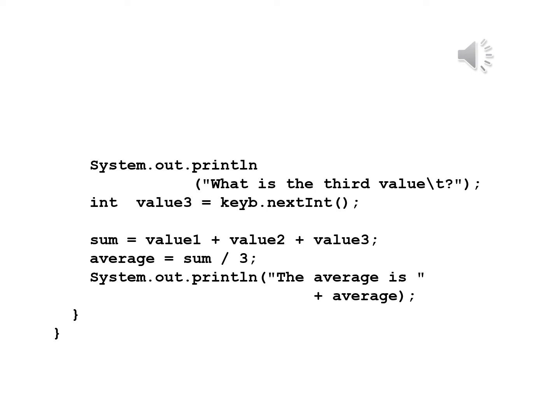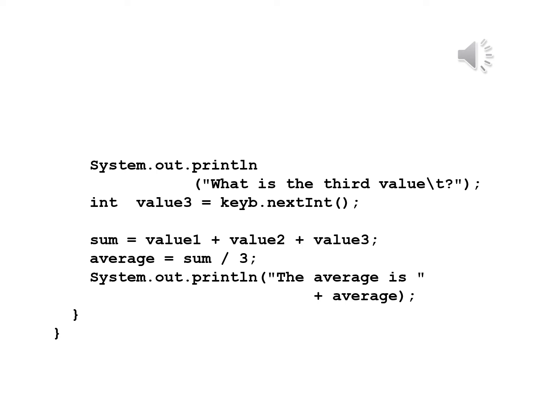Tab and a question mark, all of this inside quotation marks, and all of that inside parentheses, and a semicolon at the end. int value3 = keyboard.nextInt(), open and close parentheses. sum = value1 + value2 + value3. average = sum / 3. System.out.println("The average is " + average), close the parenthesis, and a semicolon, and 2 close braces, 1 for the main method, and the outer one for the class.